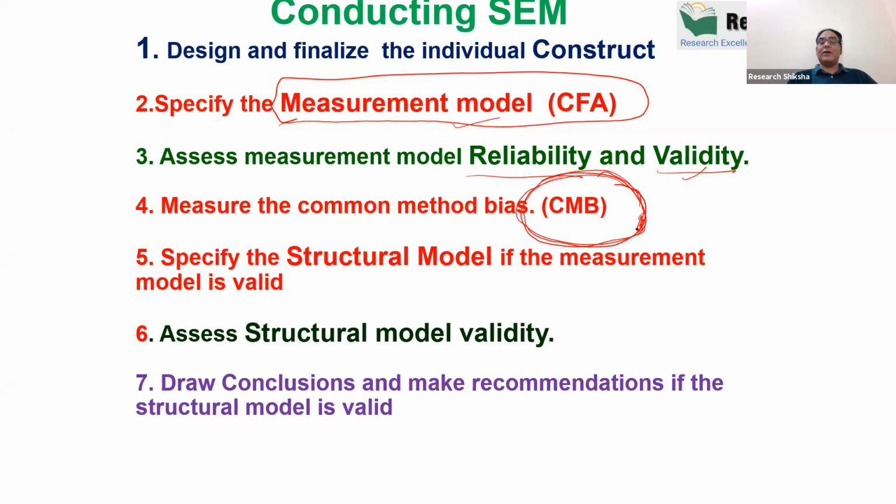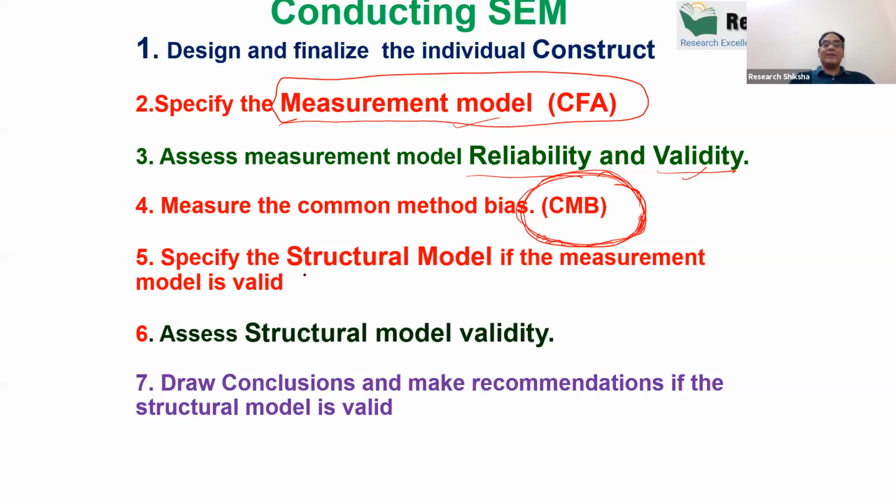Are your respondents biased, or are they not biased? You can check the bias by common method bias. In case your data is biased, whatever results you are drawing are biased results. We are not interested in drawing biased results, so we have to find out the actual results. For that, you need to examine the common method bias.